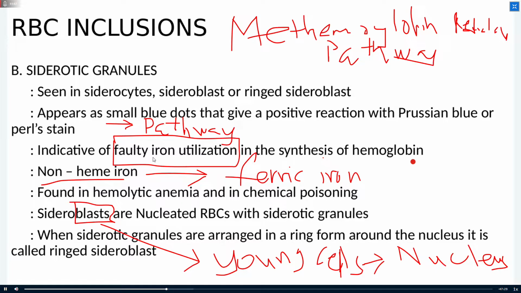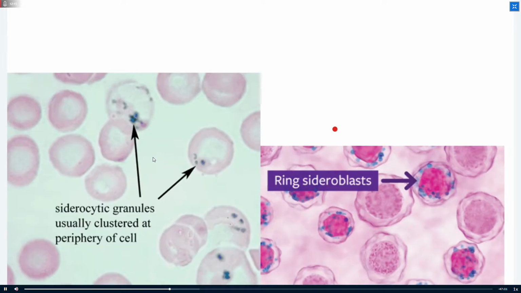It can be found in hemolytic anemia and in chemical poisoning. Now, if your siderotic granules are found in young cells, they would now be known as sideroblasts. And when they surround the nucleus of your blast in a ring form, they would now be called ring sideroblasts.